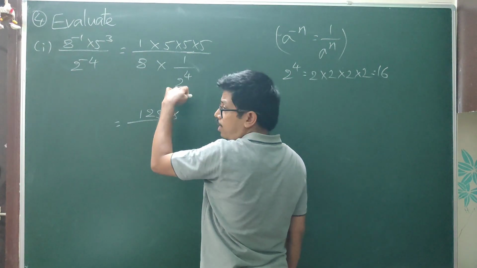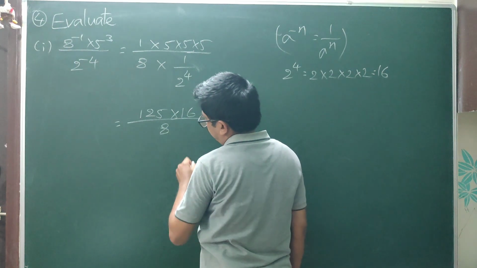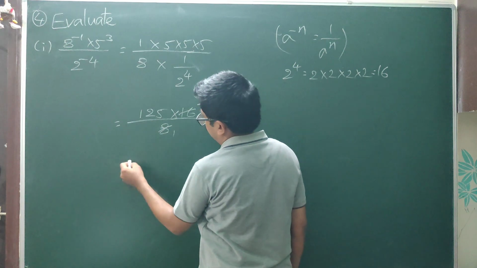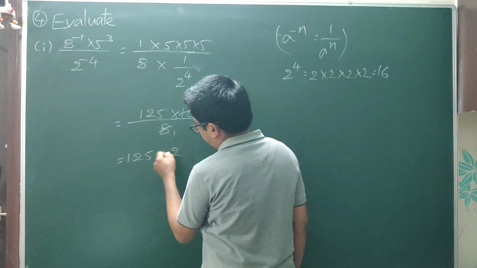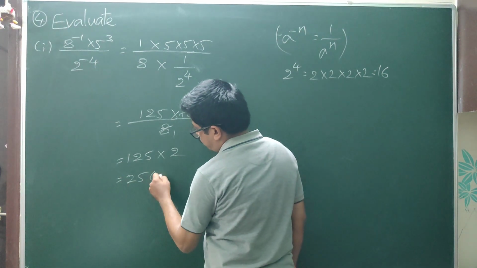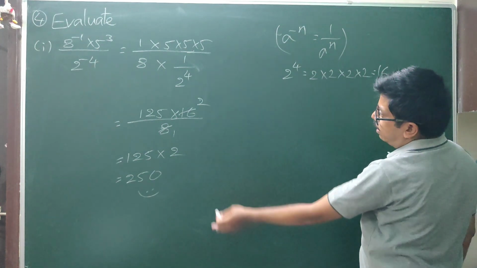Into 16 by 8. 8 1s are 8, 8 2s are 16. So on the whole, 125 into 2, 125 2s are 250.